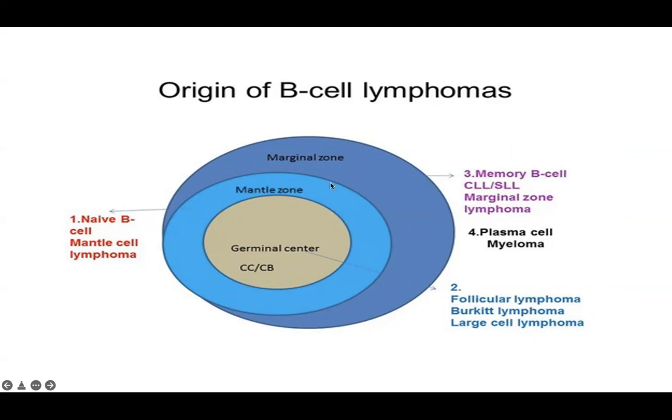Moving to the mantle zone, you can think about naive B cells, which contribute to the development of mantle cell lymphoma, and marginal zone, which you can think about memory B cell derivation, and that contributes to CLL and SLL, as well as marginal zone lymphomas. Another entity including plasma cell myeloma, you can have either cutaneous involvement by multiple myeloma or even a primary plasmacytoma. We'll talk about that entity as well.